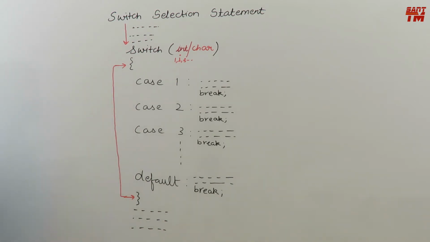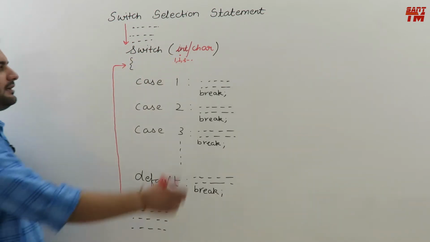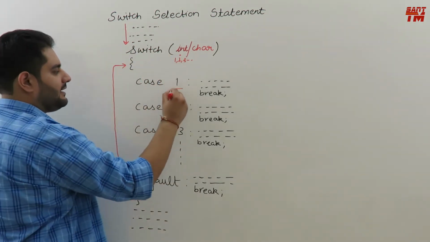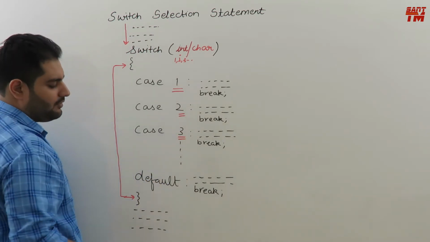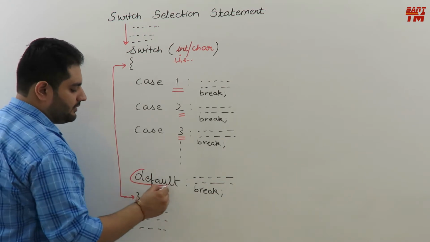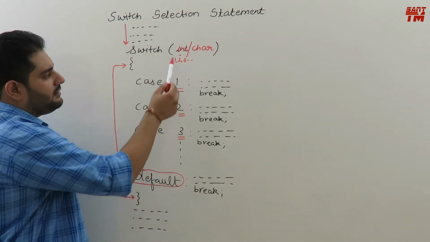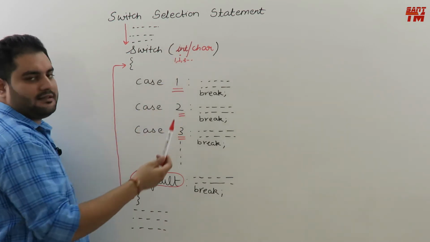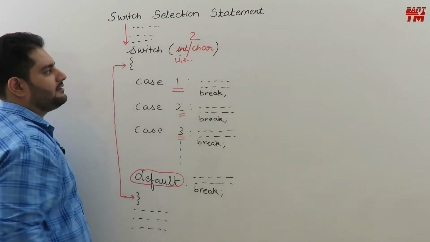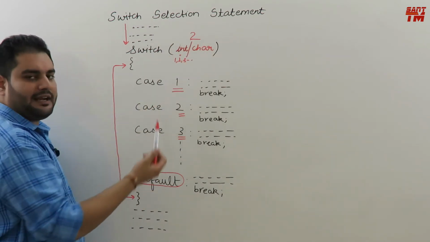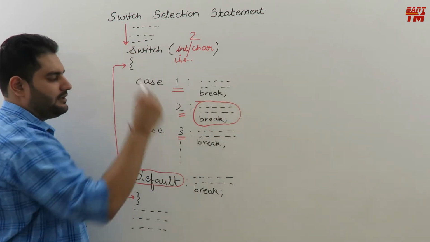If there is one integer value, then corresponding to that value there are case labels: case 1, case 2, case 3, case 4, case 5, and so on, and at the end there is a default case. If the switch in the parenthesis has an integer value, say 2, then case 2 will get matched and all the statements related to that case 2 will get executed.